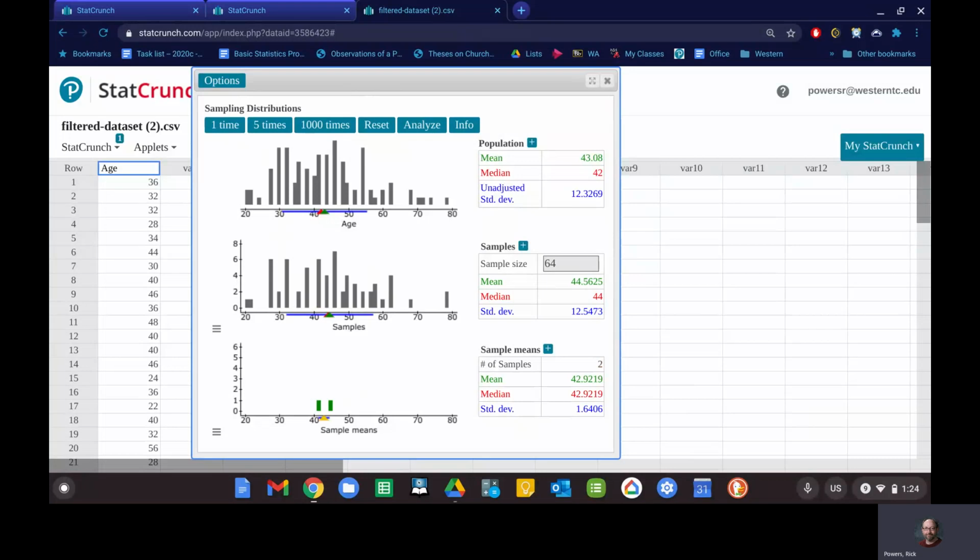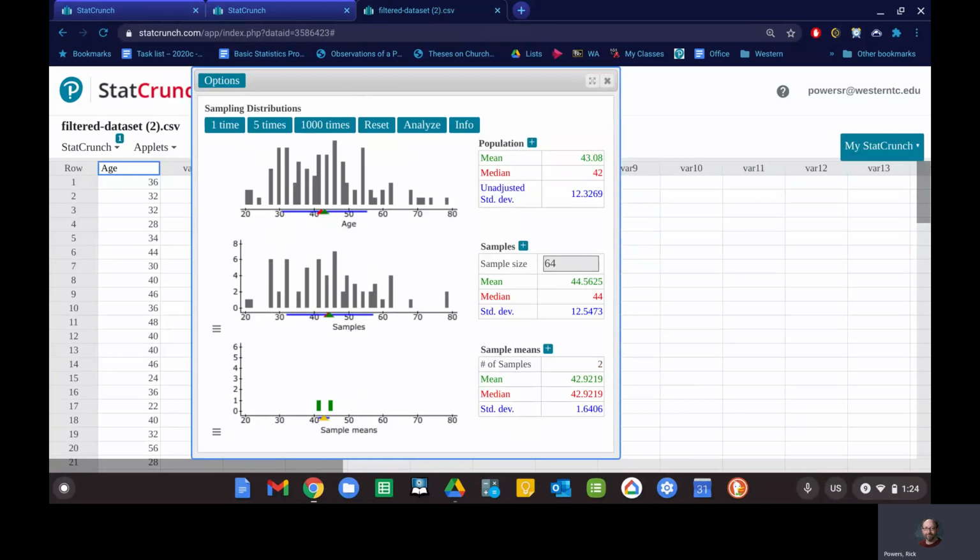Well, this is just what we did last lesson. We said the distribution of the sample means with this sample size of 64 would have the same mean, but a smaller standard deviation. The standard deviation is not going to be 12.3. It's going to be significantly less than that.